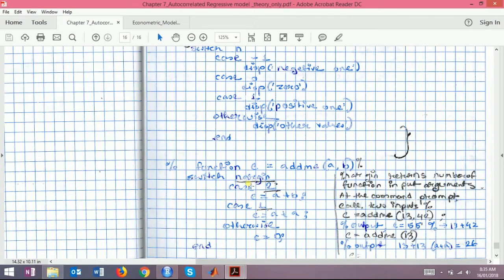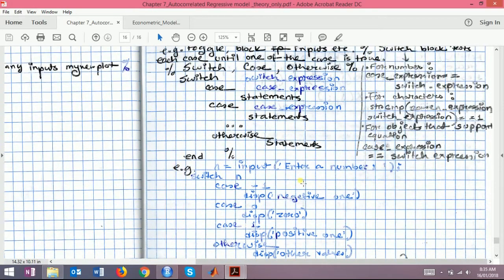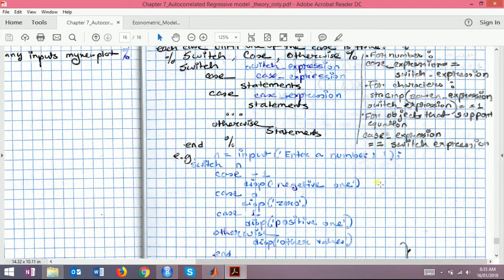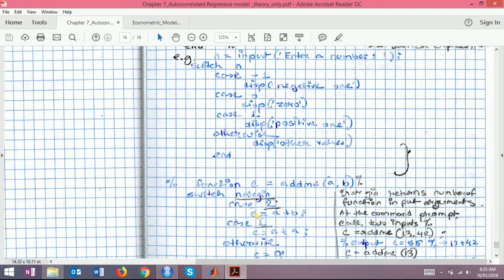Suppose we are creating a function addme, A and B. So you have two variables, A and B, that will be added in function C. So switch nargin is the switch expression, and for case 2, if there are two variables, if you input two variables like addme 1 2, it will automatically add them up.